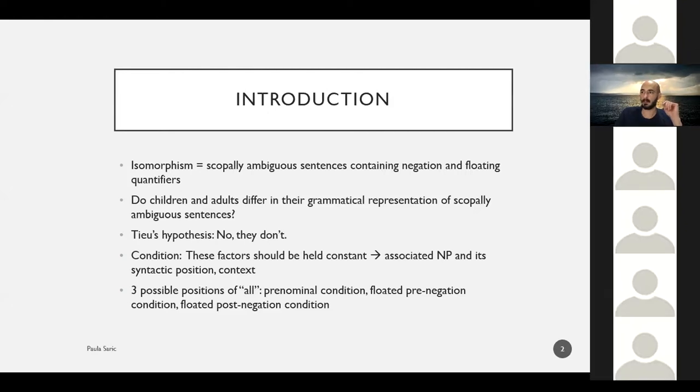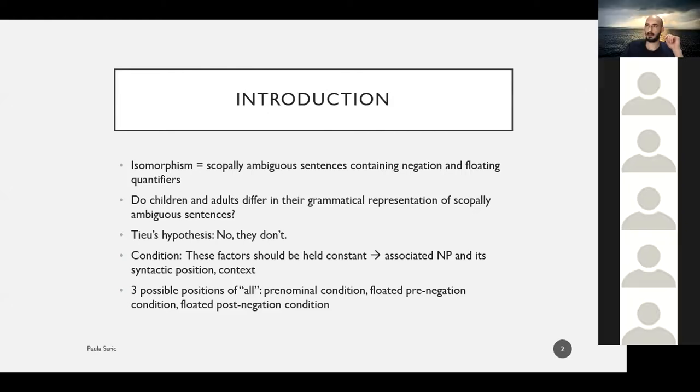However, Tieu argues that children and adults are essentially alike in their interpretative preferences on condition that the following factors are held constant. First, the associated NP, then second, the syntactic position of the associated NP, and third, the context in which the test sentences are presented.